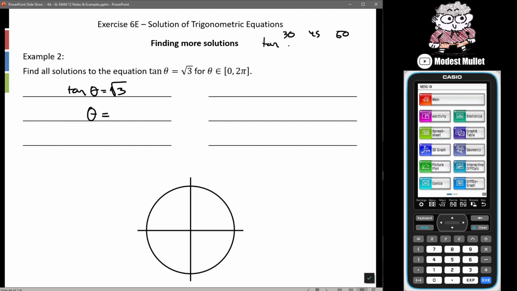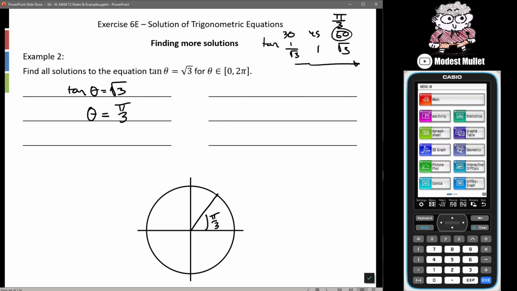The first one is 1 on root 3. That one's 1. That's root 3, because they get bigger as the angle gets bigger. So that's 60. 60 is the same as pi on 3. So theta must be pi on 3. That's my reference angle.